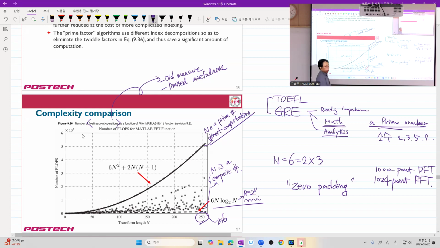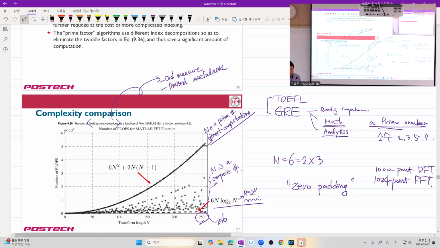Got it? Even though 1000 is a kind of whole number, a so-called round number, I do not exactly know, right? But for the computer, the power of 2 is much better.